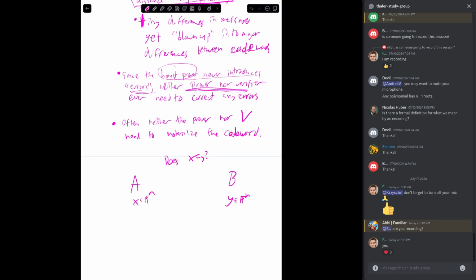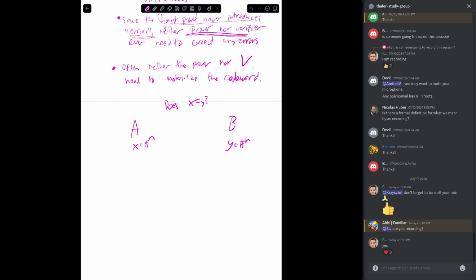And so what Alice does is she interprets her vector x as a polynomial p, and she sends to Bob just a random input r to p, and p evaluated at r, and Bob interprets his input as a polynomial q and checks whether p of r equals q of r.